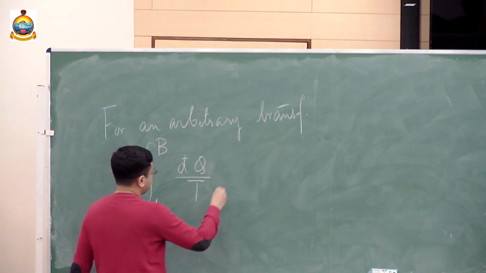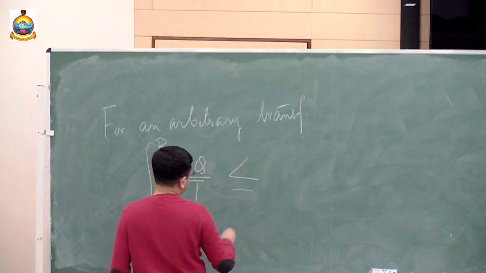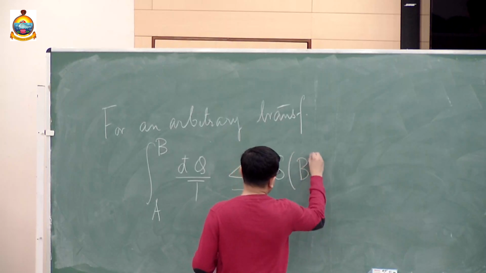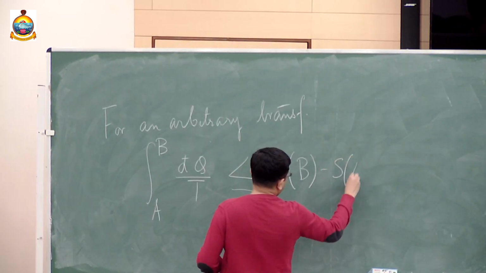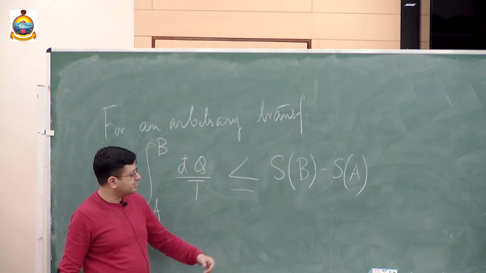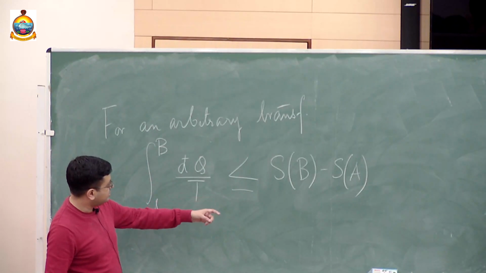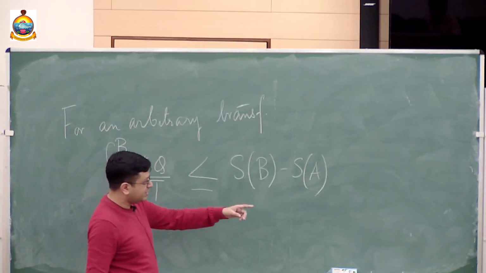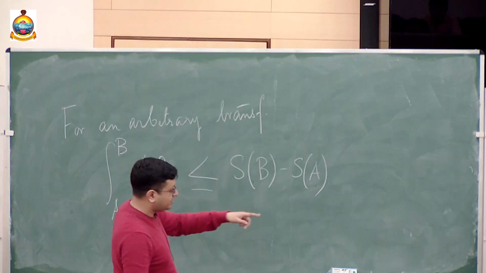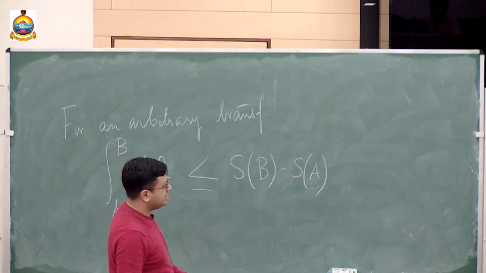Suppose it is irreversible and so on. Then the integral is less than or equal to S_B minus S_A, where the equality holds if the transformation is reversible. We just saw that if the transformation is reversible, then S_B minus S_A is indeed equal to the integral from A to B of d cross q by T.